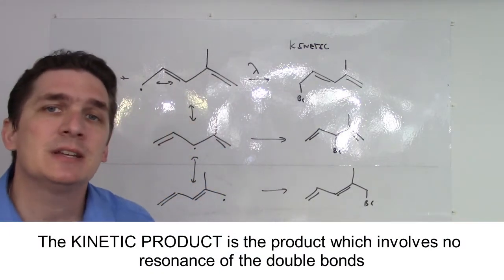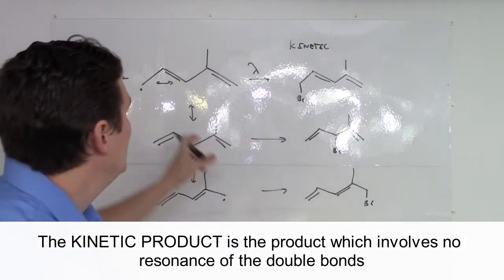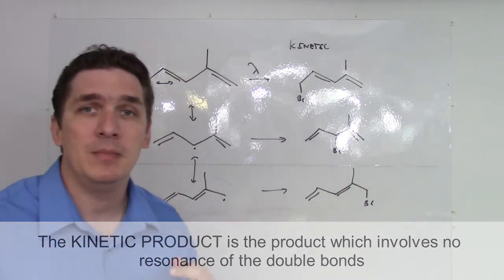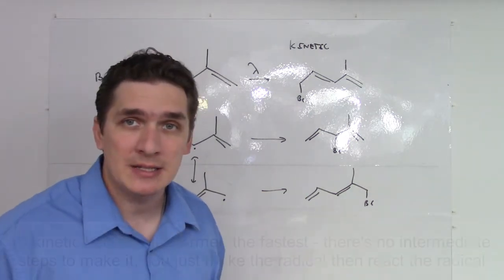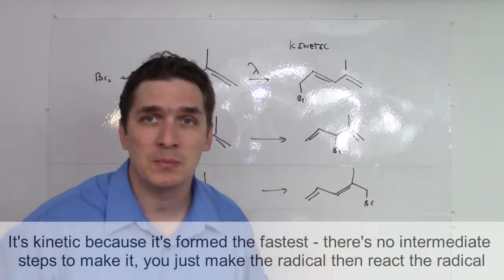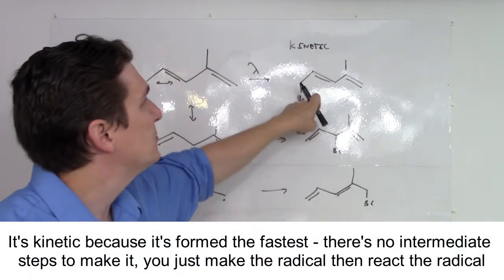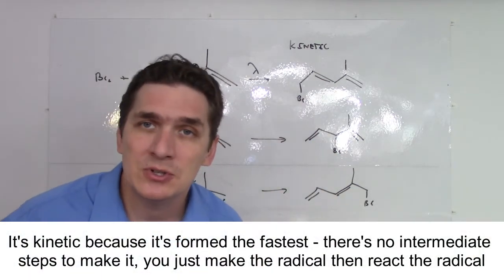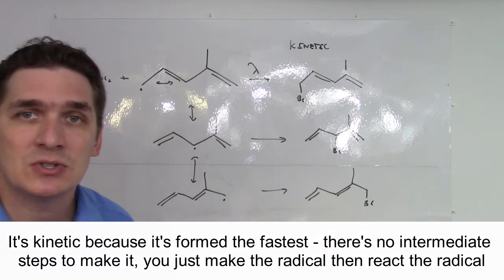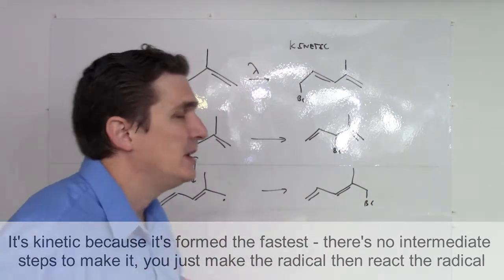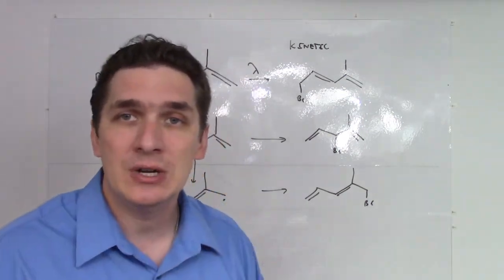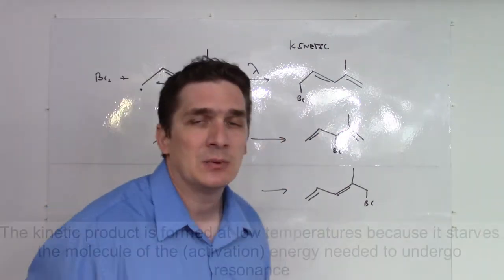It is the kinetic because it is the fastest. If you form a radical and you don't give it time to resonate, you would make this in preponderance. And so to favor the formation of this, we would go to low temperatures because there is an activation barrier associated with moving this double bond along. So if we do this reaction at low temperatures, we will get what's called the kinetic product.